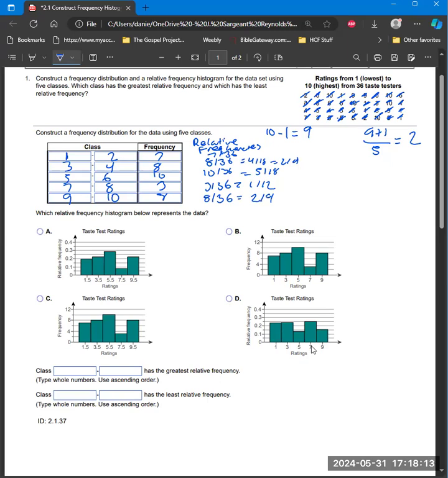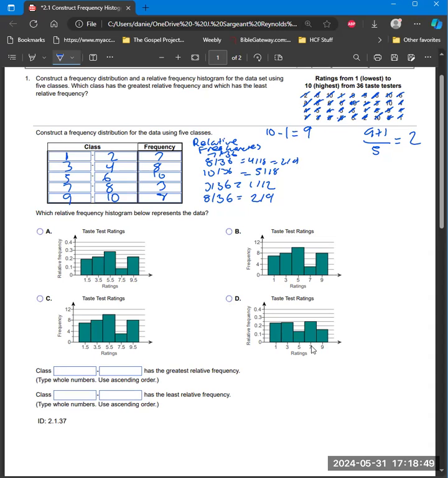So our relative frequency here for the first group is going to be a little below 20%, and then a little above 20% here, and then a little below 30% here, and so on.